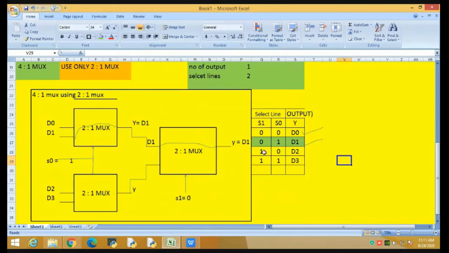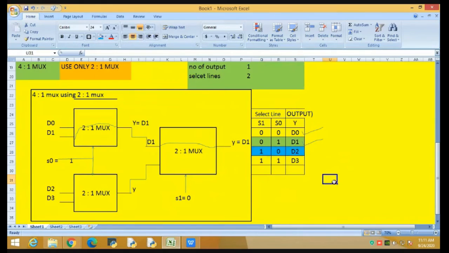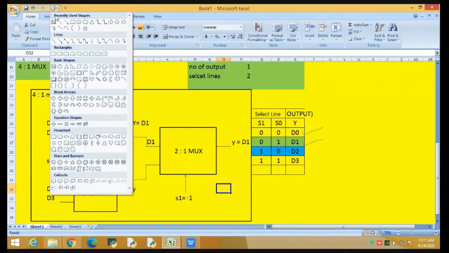Okay, now we move forward to the next part. What is my next part? If S1 equal to 1, what happens? S1 equal to 1, then this comes to the second part. I am going to connect it once again.